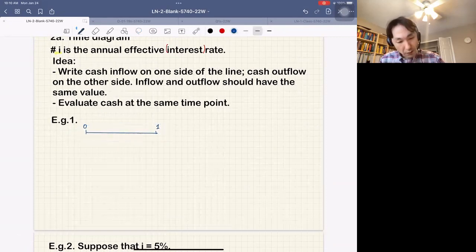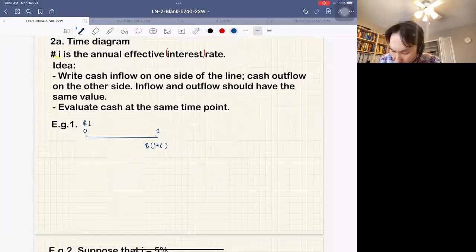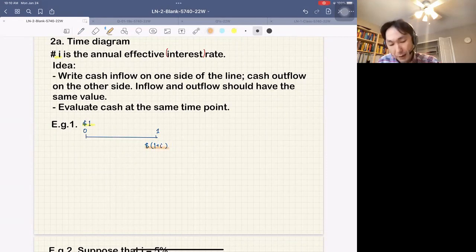For example, the $1 here, then if the interest rate is I, 1 becomes 1 plus I here. So this is one time diagram. For example, you deposit money into the bank account. You deposit $1 into the bank account. So this is $1. And you withdraw money a year later, so 1 plus I dollars.